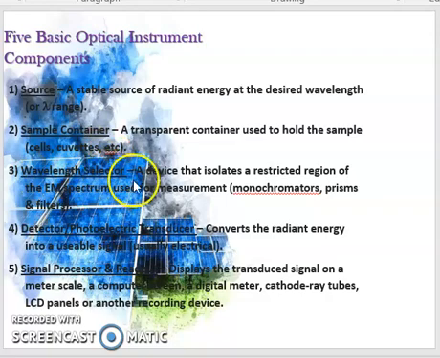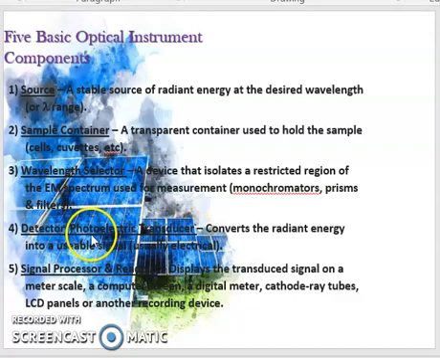The wavelength selector is a device that isolates a restricted region of the electromagnetic spectrum used for measurement. Either monochromator, prism and filter. These three are the types of wavelength selector. The fourth one is the detector or photoelectric transducer.